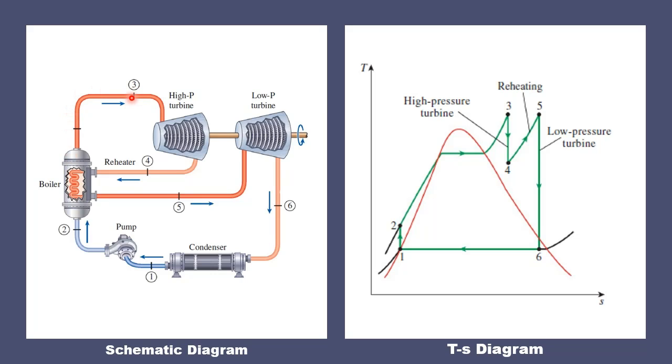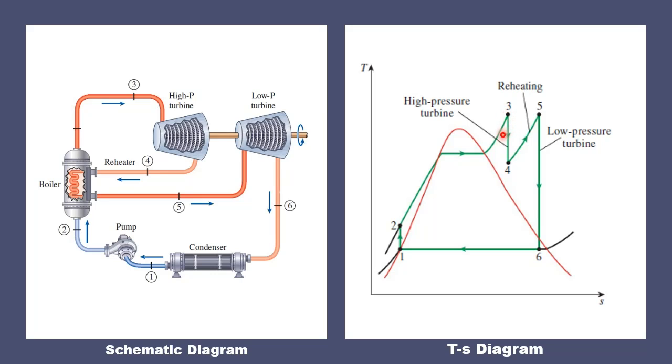So the boiler superheats the liquid to a superheated vapor at point 3. You can see here process 2 to 3 is the boiling process, where you can also see a superheated horn where it superheats the liquid to point 3, and point 3 now is a superheated vapor at 500 degrees Celsius.